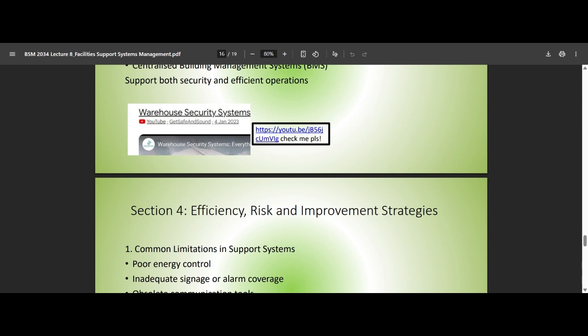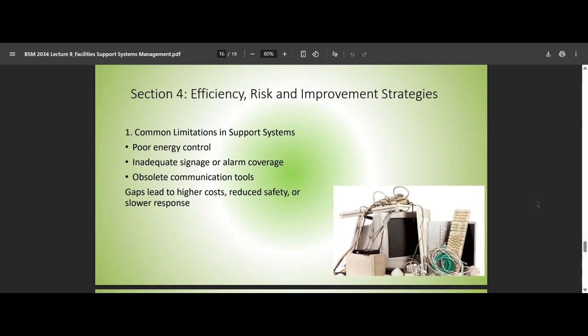Now, we are going into our last section, where we will talk about efficiency, risk, and improvement strategies. Common limitations in support systems: poor energy control, inadequate signage or alarm coverage, obsolete communication tools.